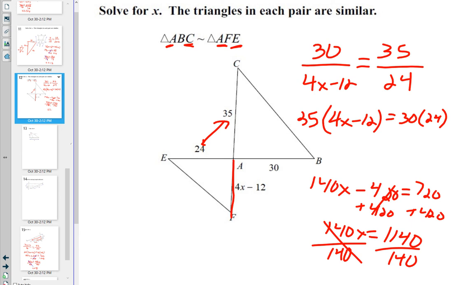So there they have 10. How do they get 10? Check 720 plus 420 again. Huh?